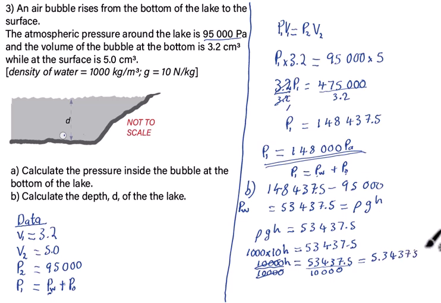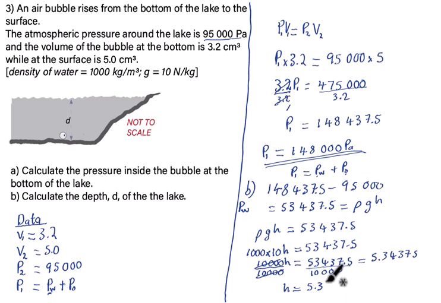5.34375. h is equal to 5.3, centimeters or meters?